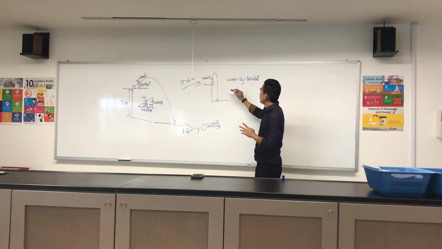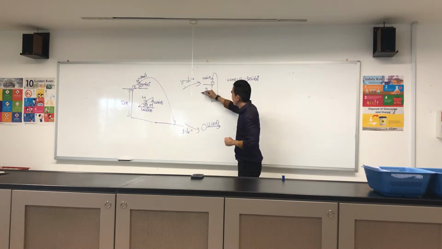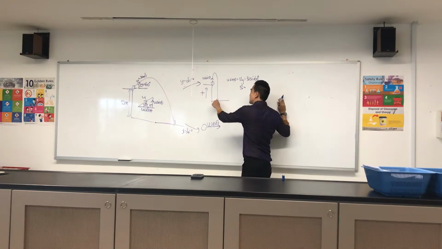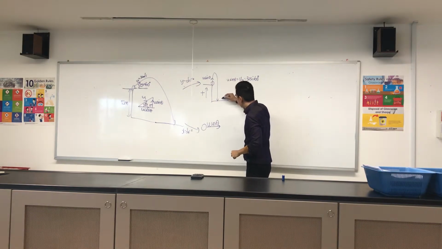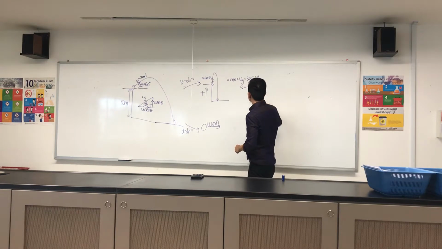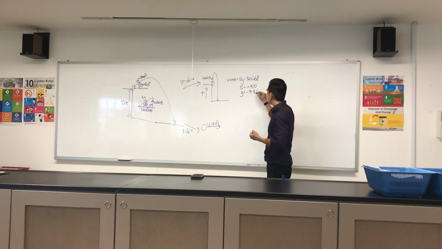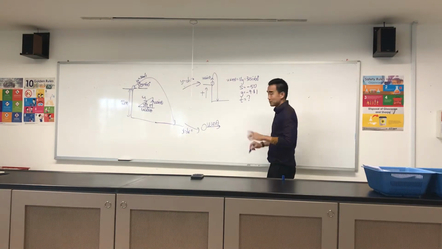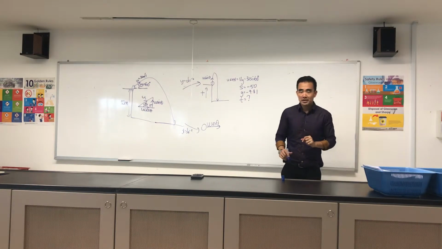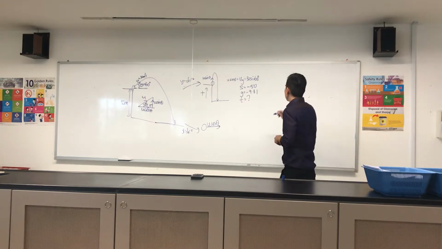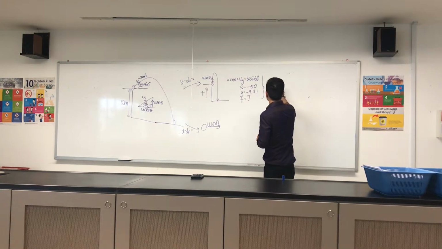If we take upwards to be positive, then finally when it hits here, the displacement s is downwards, so it is minus 50. The acceleration is pointing downwards, so it's minus 9.81, and I want to find t. I'm not interested in v, so the equation to use, as you have suspected, is s equals ut plus half at squared.